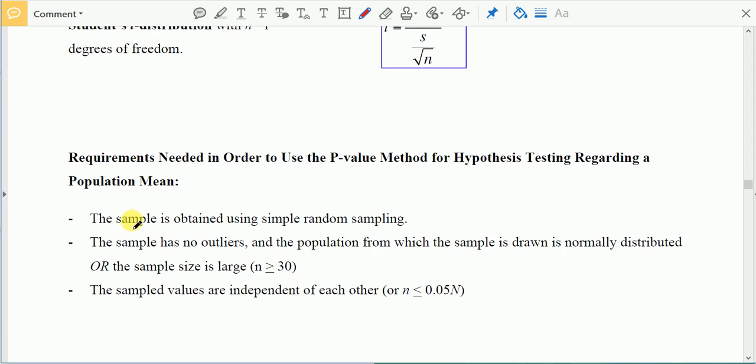The first is that the sample must be obtained from simple random sampling, and there should be no outliers, or the sample size is large, which is 30 or above, then it should be good, and the sample values are independent of each other. And usually these requirements are met in this class for our testing.